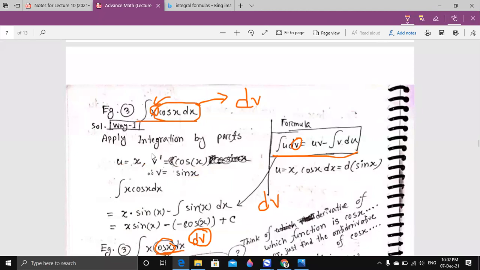Okay, let me explain a little bit here. This is v dx. So if we want to find v derivative, so v derivative is equal to cos x.